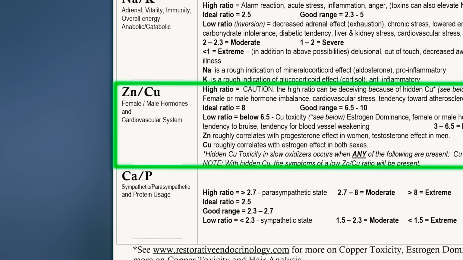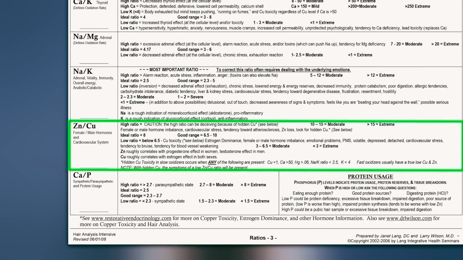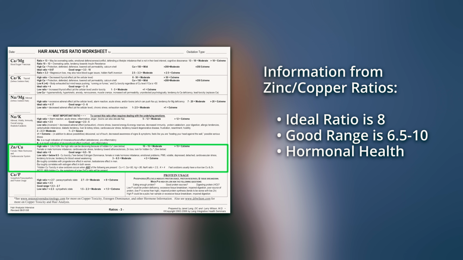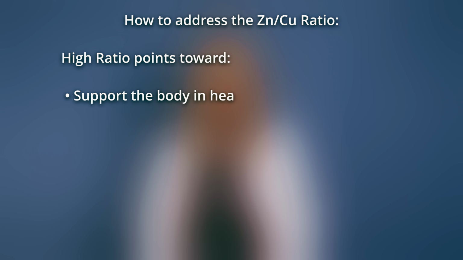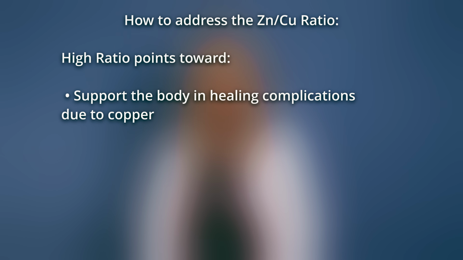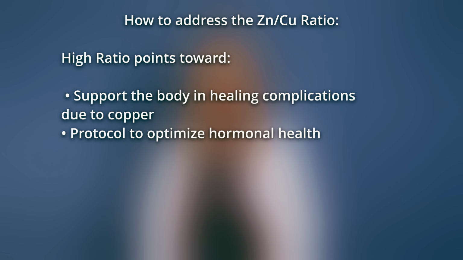Moving on to the zinc to copper ratio, that ratio is all about hormones, as well as either copper toxicity, hidden copper toxicity, bioavailable copper. So with that ratio being high, which is very common, we might have to do things like support the body's capacity to deal with the copper issues, or we need to work on a hormonal protocol that optimizes both female and male hormones.